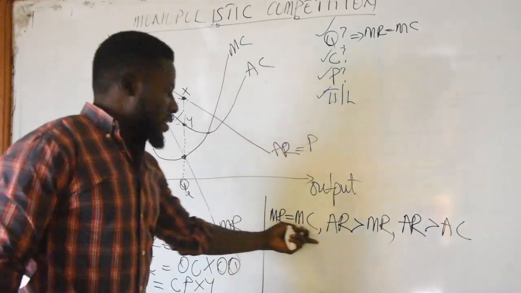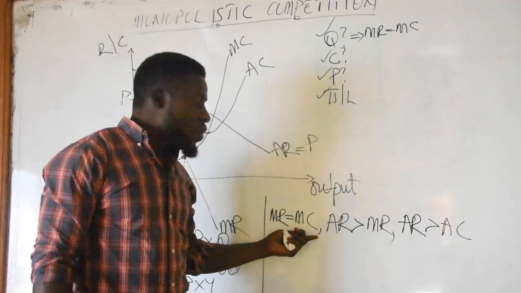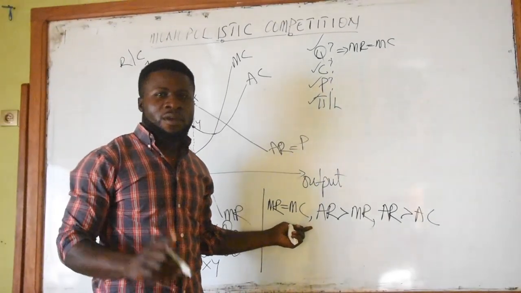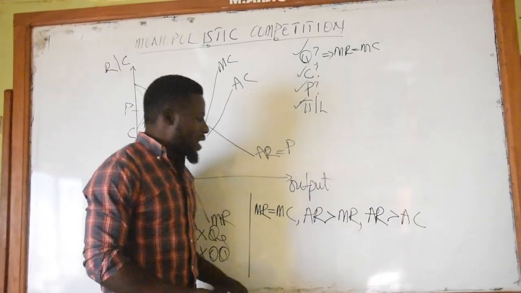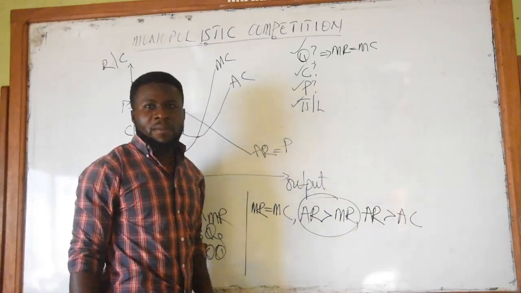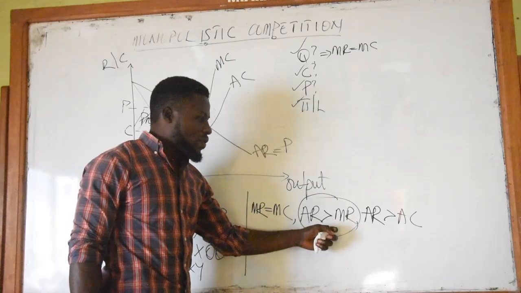So if you see this in an exam, know that you are operating under imperfect competition in the short run because the firm is making profit. How do you know that you are operating under imperfect competition? Because AR is not equal to MR. If AR were equal to MR, it would have been under perfect competition.